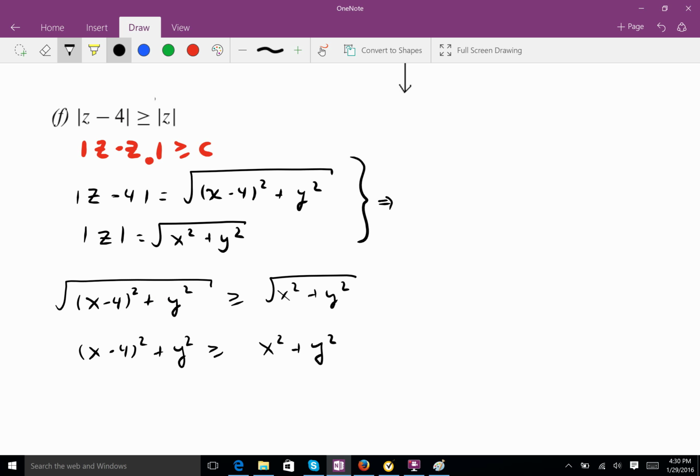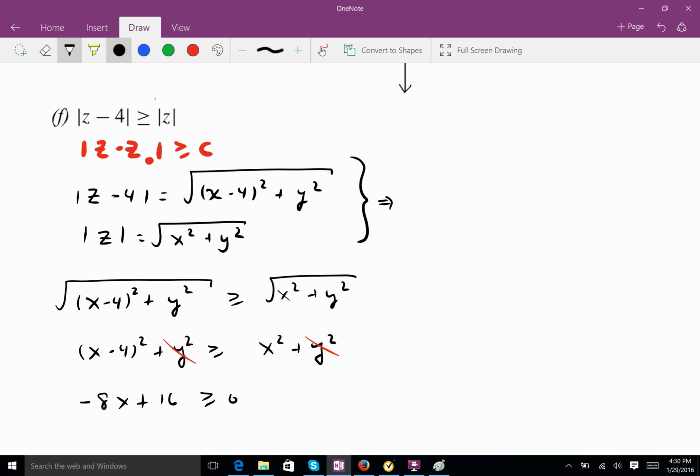Notice that the y squareds cancel, and when I bring the x squared over here, I end up getting minus 8x plus 16 is greater than or equal to 0. So I'm going to subtract y squared from both sides, and I'm going to subtract x squared. And now all I'm going to do is solve for x.